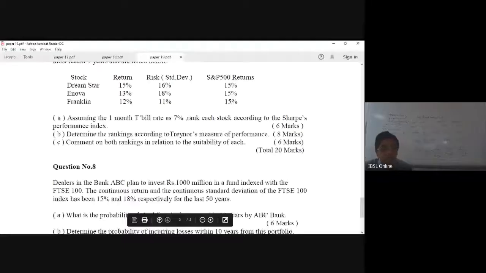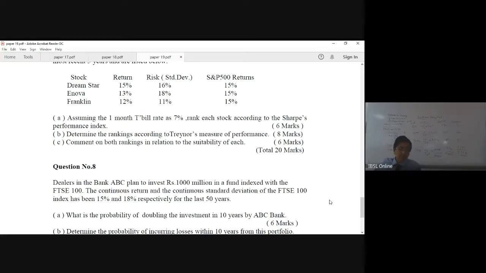Right. Now when you do comments on these things, you have to tell these things: as per the Treynor measure, all are in the same level, but as per the Sharpe's measure, they can be ranked in the order of Dreamstar, Franklin, and Innova.